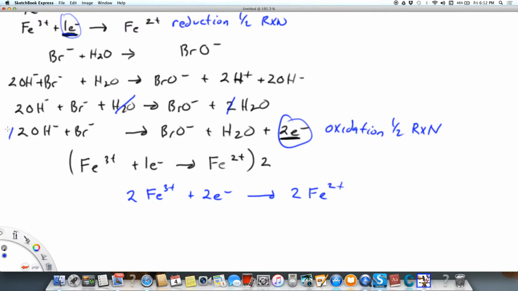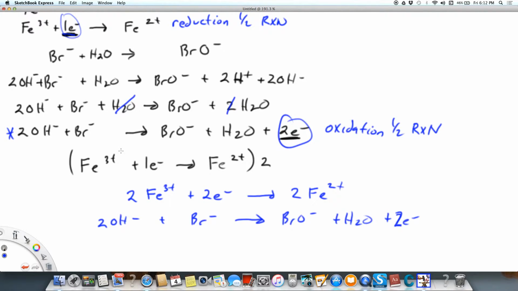Okay, then I'm going to bring down this reaction. That's 2 hydroxide plus bromide. Let's make sure we're copying everything down correctly. Gives us hypobromite plus water plus 2 electrons. Okay, so did we do that correctly?